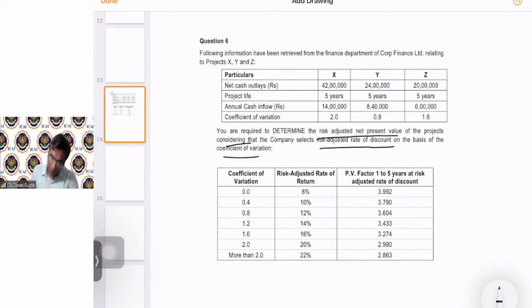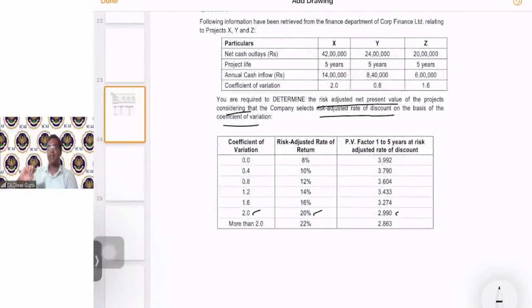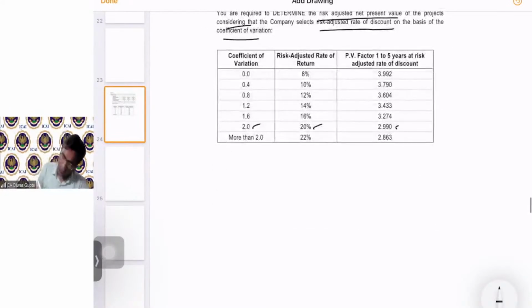Now, if coefficient of variation is 2, the RADR becomes 20% and the present value factor becomes 2.990. Very simple. I think the complexity is unnecessarily just to understand and link the entire part. So what we have to do here?